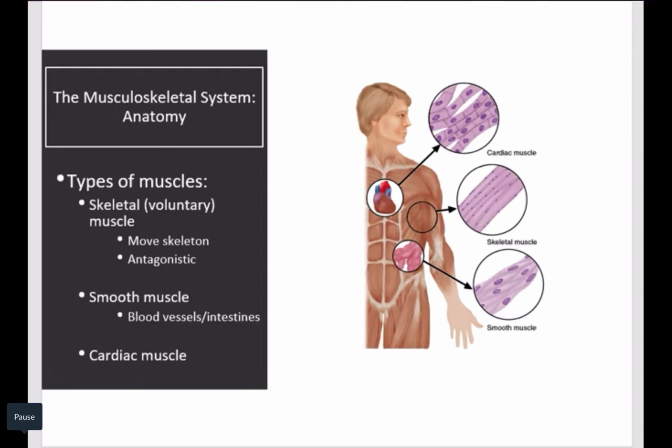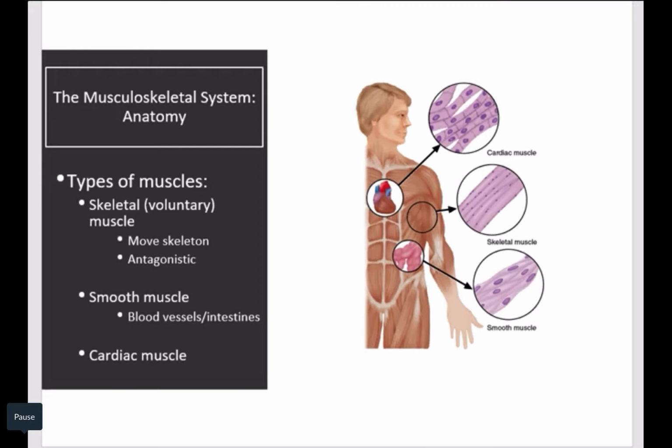Guaranteed to see this again, 3 different types of muscle. So we have skeletal muscle, often referred to as voluntary muscle. These are the muscles that move our bones, our biceps, our triceps, our quads. What we would traditionally consider a muscle that moves our skeleton around, those are skeletal or voluntary muscles. There's 2 other types of muscles that oftentimes we don't really think of as muscle. One of those is the smooth muscle, which is the blood vessels.